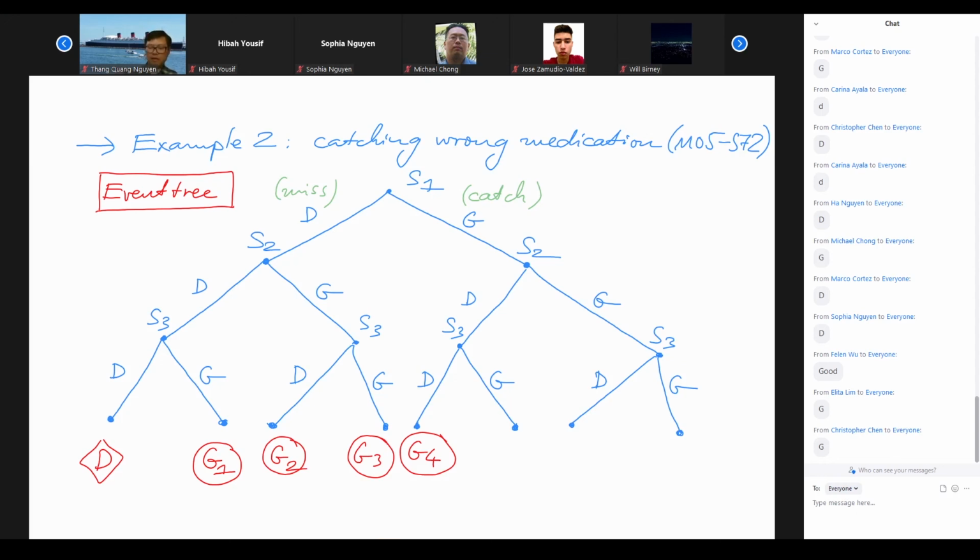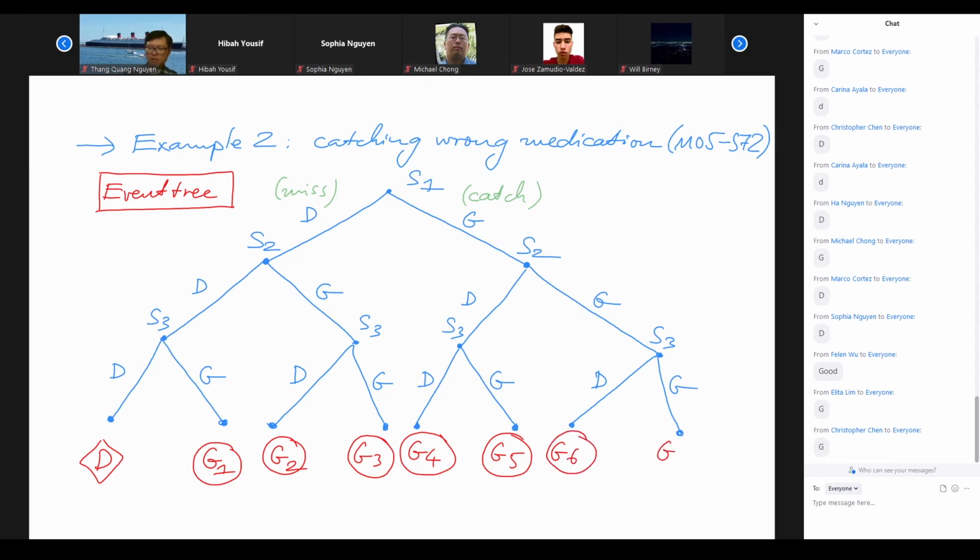And then the next one, by the same token, right, we have catch, miss, and catch. Then this whole thing will be good, G5. The next one, catch, and miss, right? Catch, and miss. So definitely somebody can fix the wrong medication. So that's another overall catch right here, or good outcome right here.